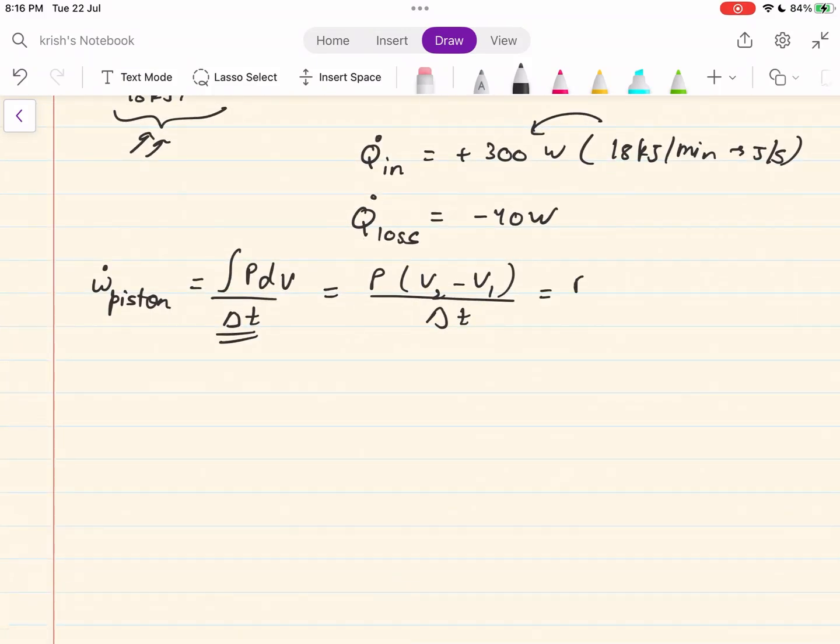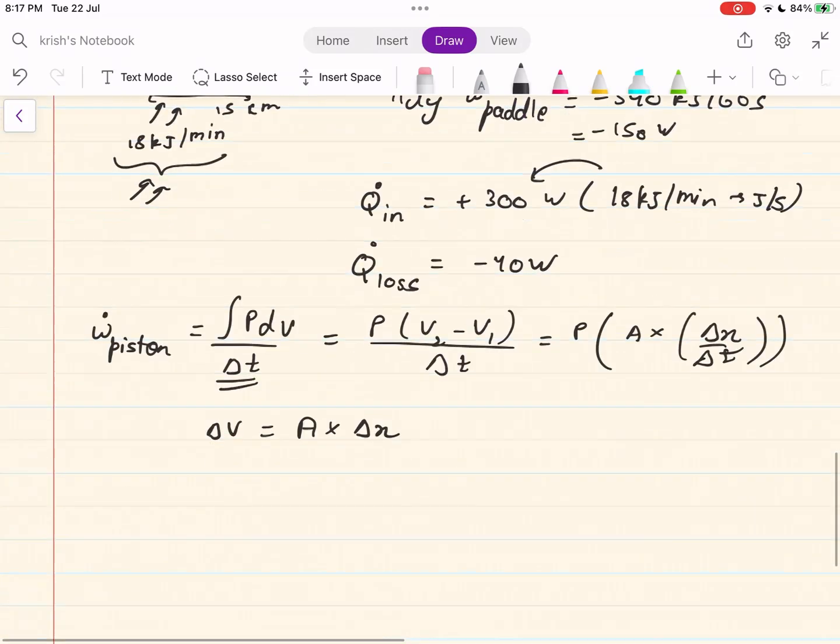Equals P A into delta X by delta T. So what I have done here is I have converted delta V into A into delta X. Why is this relevant?